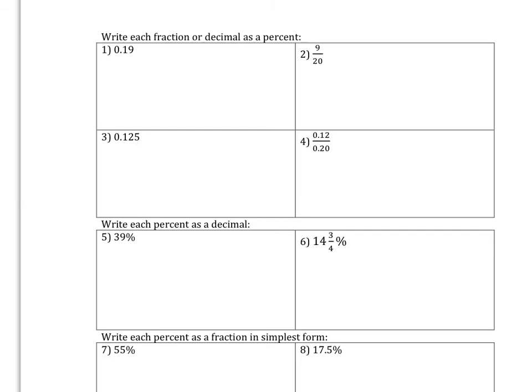Here's some more examples. Number 1, so we want to write each fraction or decimal as a percent. So number 1, we're going to move our decimal place over 2 place values. So that is going to be 19%.